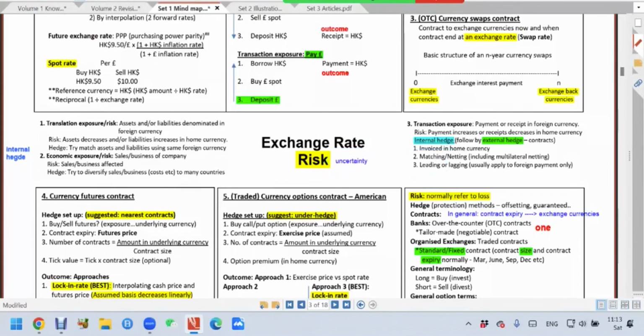Okay, we don't know what will happen with the dong against the US dollar. Will it keep going down or go up and so on? Right, so you can think of it as, because the rate is uncertain, it gives rise to risk. So uncertainty gives rise to risk.